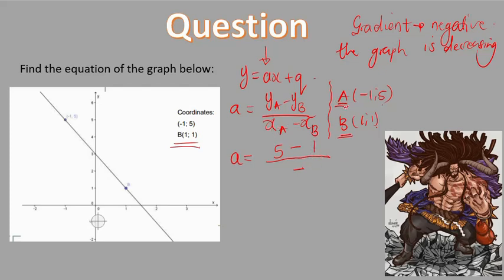X at A, I go to A, my first coordinate is -1, so I put -1. And then x at B, I go to B, that coordinate is there. So now my numerator gives me 4 all over -2. And this gives me a to be -2, which we already said. The gradient is negative.